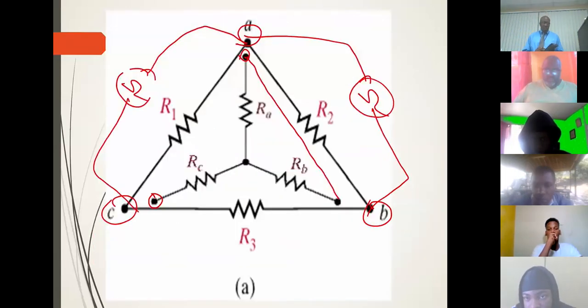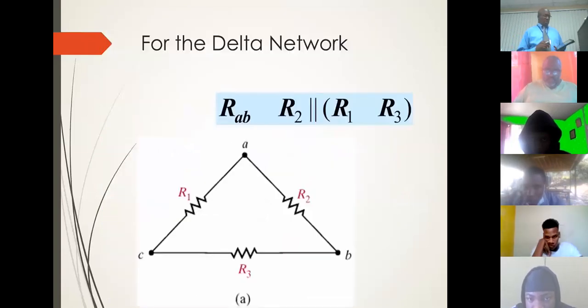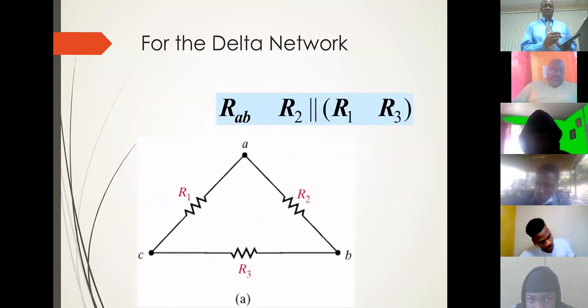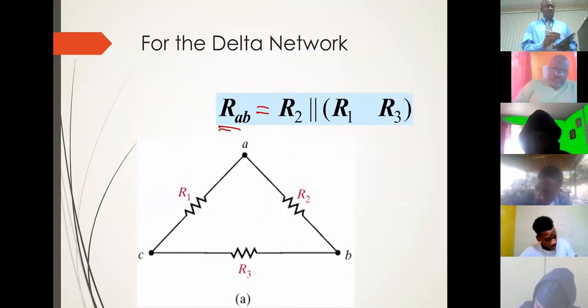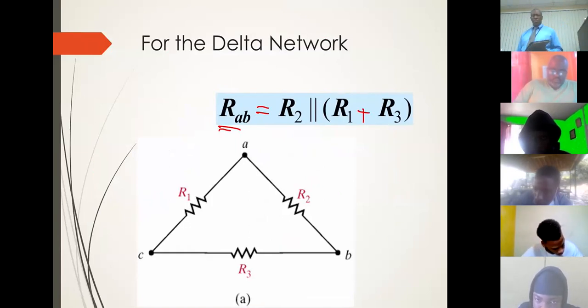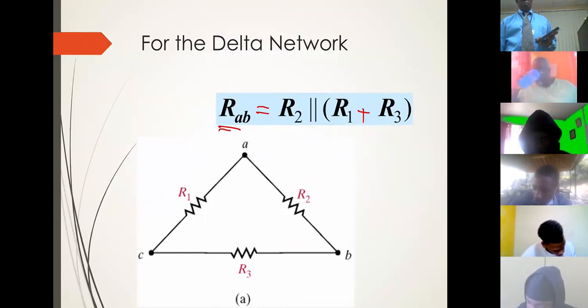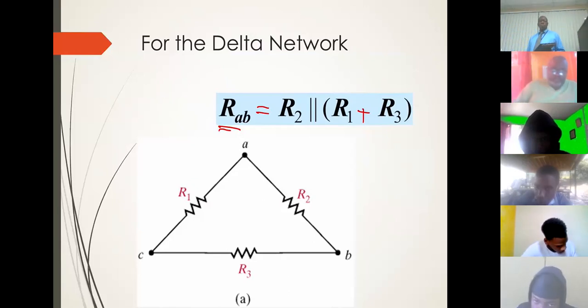So let's go back. If I start with the delta circuit and I'm looking across, connecting across AB, which gives us our RAB, RAB is therefore equal to, as you just said, R2 in parallel with R1 plus R3. Okay?